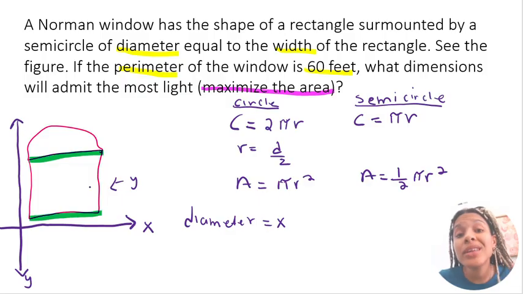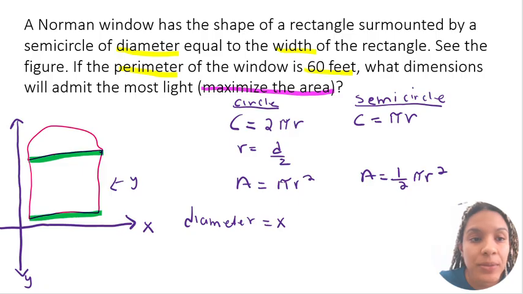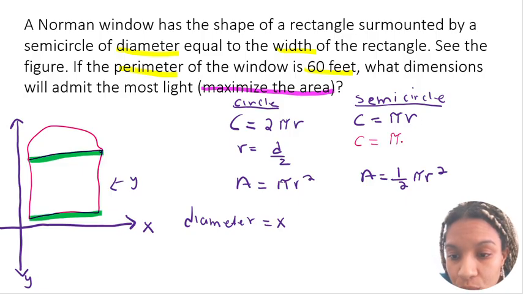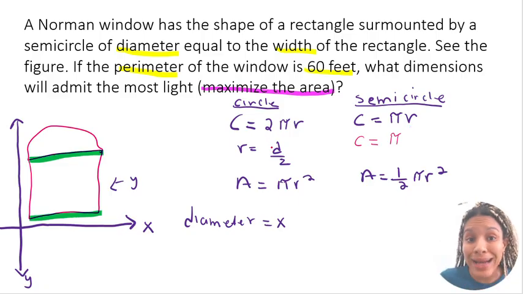Now we are given the diameter, we are not given the radius, okay? So we will need to substitute. Instead of radius, what is the radius? Pi, the diameter divided by 2.